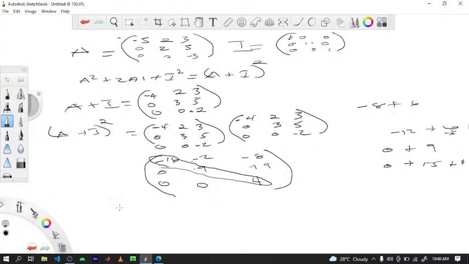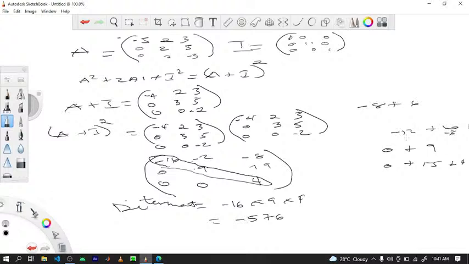So this is simply going to be determinant is equal to minus 16 times 9 times 4, right? And this is going to give us minus 576. Okay, so this is the answer to our question.